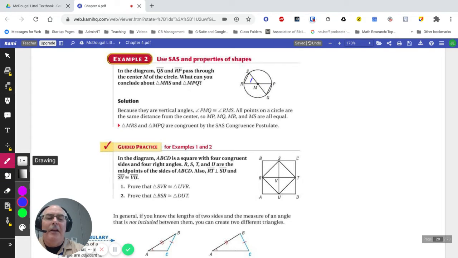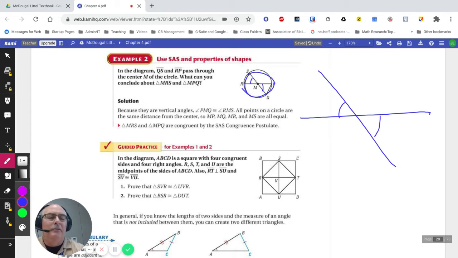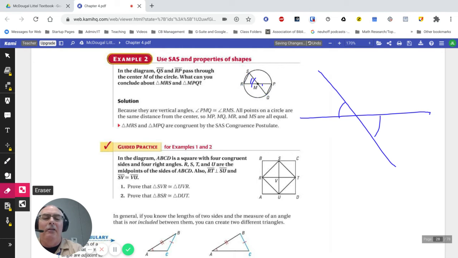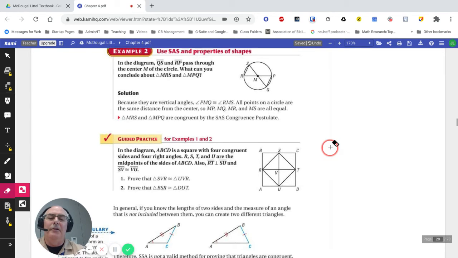I also have the angle that I need because here I have, if I draw this out a little bit more, vertical angles or opposite angles, and I know those are going to be equal. So I have a radius angle radius, a radius angle radius. The angles are equal. Obviously, the radii are all equal. So I know that the two triangles that are drawn now in this circle are also going to be congruent.